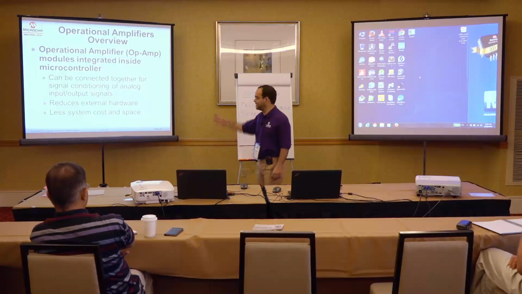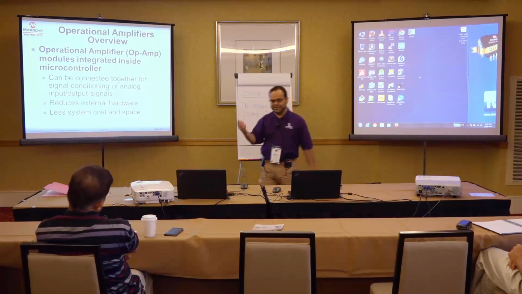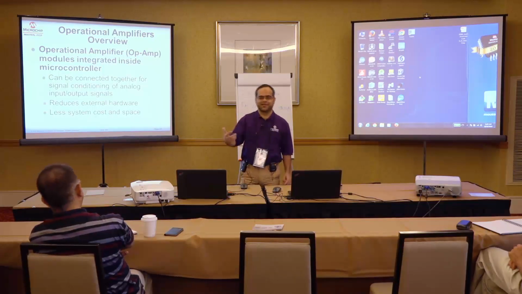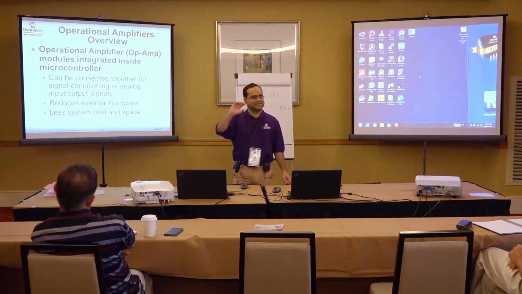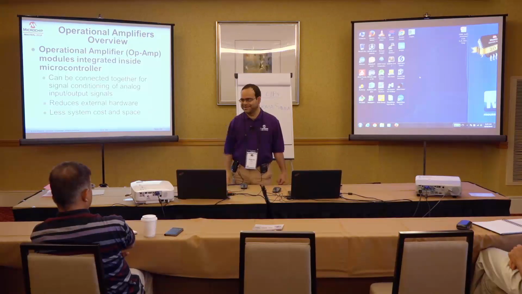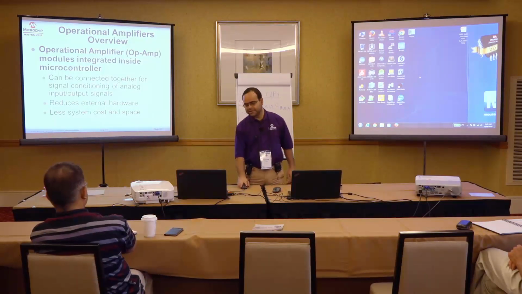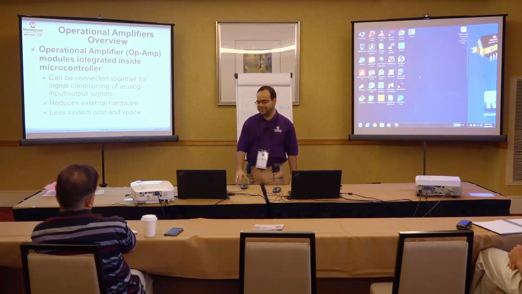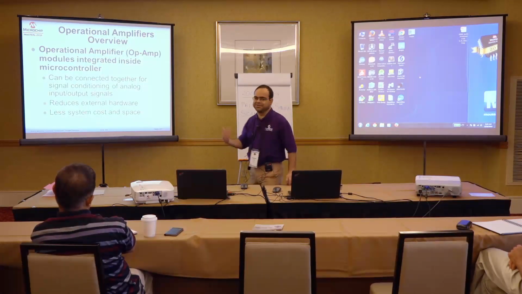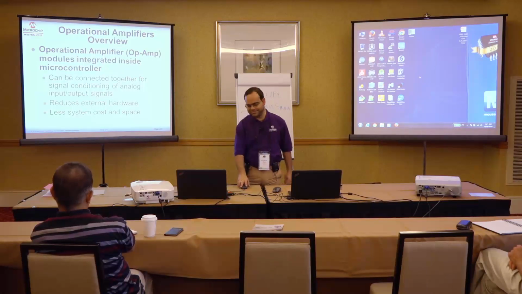So for any kind of signal conditioning, you would reduce the need to use external op-amps. You would still need external resistor and capacitor elements, because you would need to control the gain and so on, but it still ends up reducing the system cost and space, because at least your op-amps are on chip now.